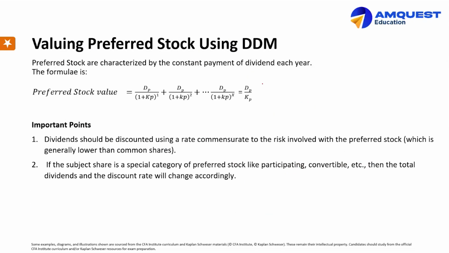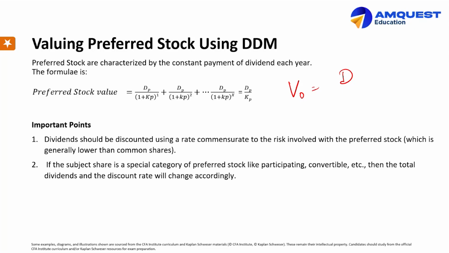Moving on. Now, in order to calculate the value of preference shares, till now we have learned about how to calculate the value of equity shares. The value of preference shares is equal to the dividend that you are expected to receive, because let's say we are doing a valuation of ordinary preference shares. There, the preference dividend amount is fixed, let's say 10%.